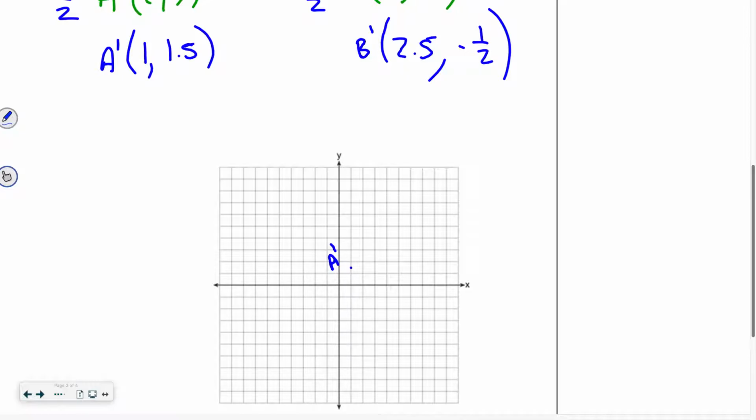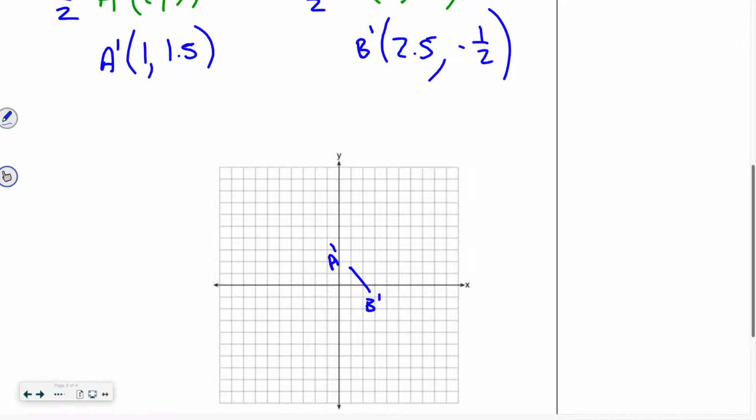We'll have B prime, which is 2.5, negative a half. So 2.5, we go 1, 2, 0.5 is in the middle, and go down a half. That puts us right there. Connecting these two segments gives us A prime, B prime.